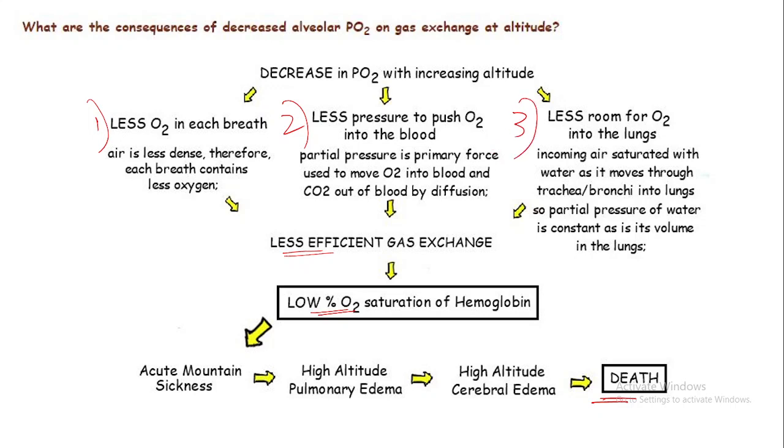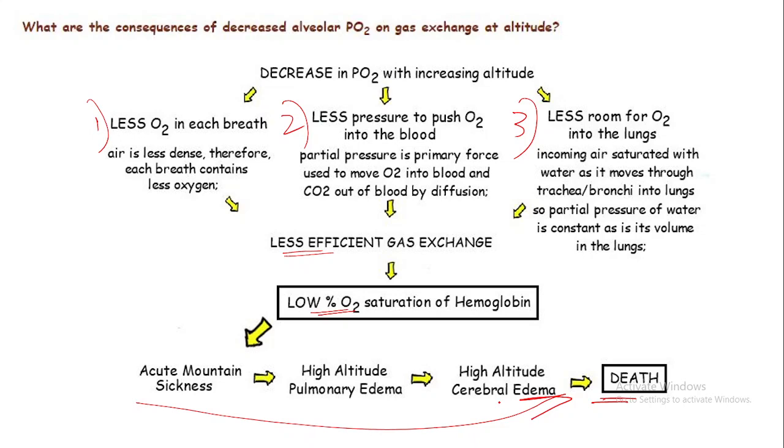Incoming air is saturated with water as it moves through the trachea, bronchi and into the lungs. So the partial pressure of water is constant as its volume in the lungs. Even this reduces the level of oxygen saturation, finally leading to all these conditions, and might also lead to death.